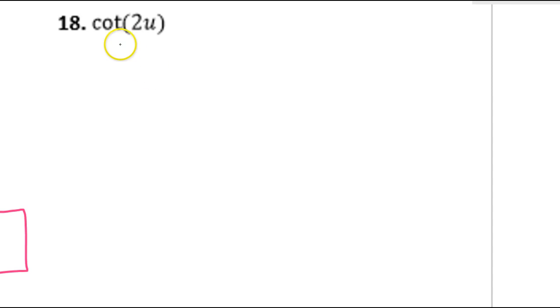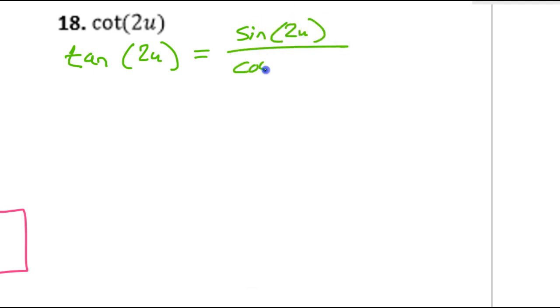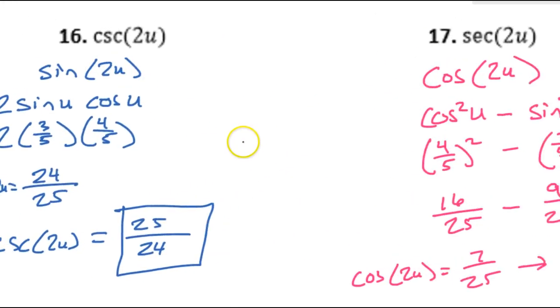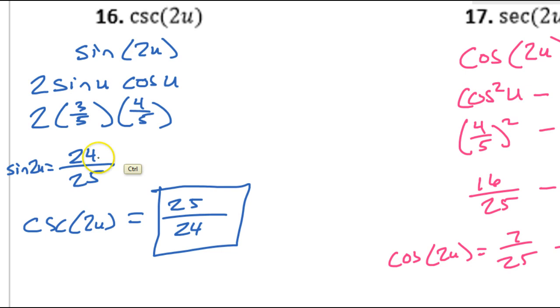Let's just do one more problem. We will do the cotangent of 2u. Now, of course, the cotangent is the reciprocal of tangent, so I'm going to start off by finding the tangent of 2u. Now, I know that tangent is sine over cosine. So, I'm going to ask myself, what's the sine of 2u over the cosine of 2u? Okay, but I feel like we just found those two things. So we found that the sine of 2u was 24 over 25.